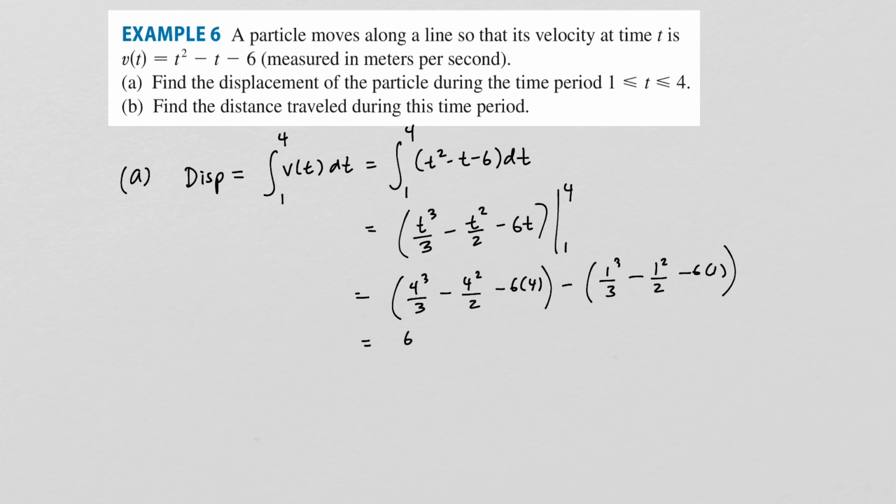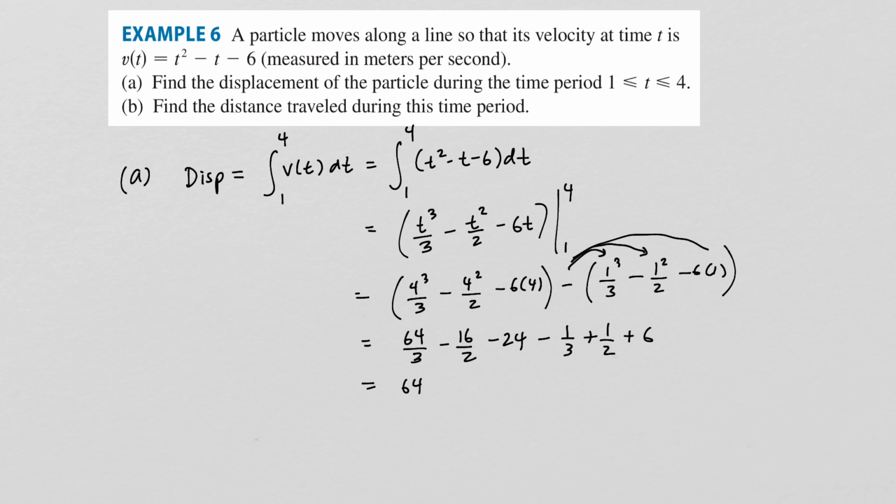If we do the math here, we have 64 over 3 minus 16 over 2 minus 24 minus 1/3 minus 1/2 becomes plus 1/2, and minus 6 becomes plus 6.